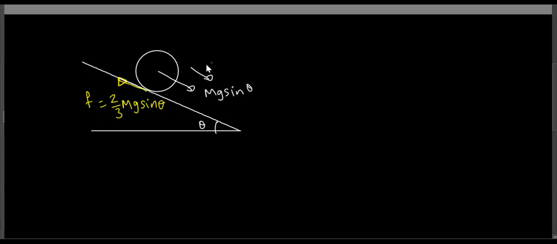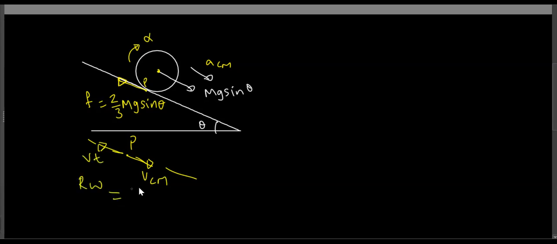So the center of mass acceleration is there and angular acceleration is also there. That is why the object will gain velocity of center of mass in the downward direction. If I take the point of contact P, every time, down the incline the velocity of center of mass and up the incline the tangential velocity match. This R omega will always match VCM.